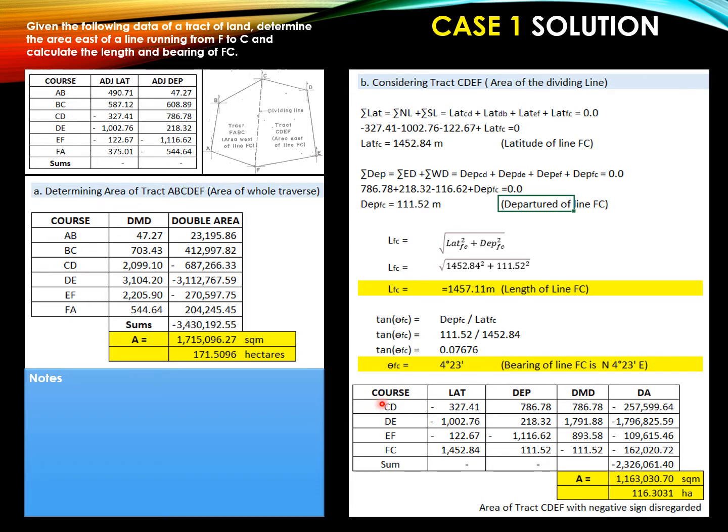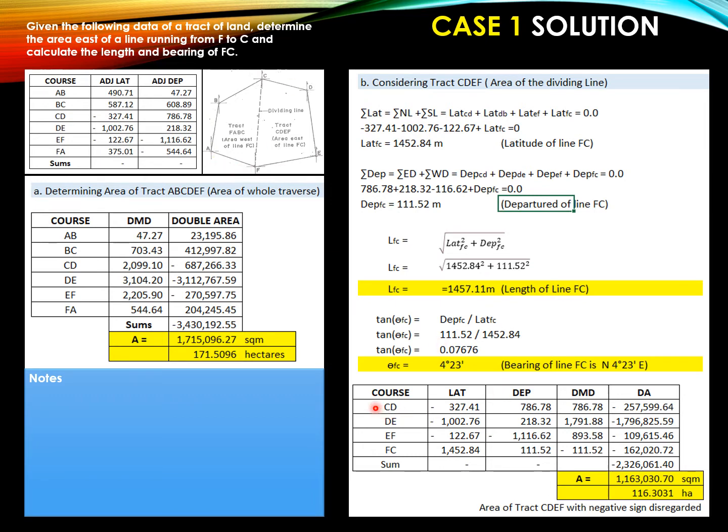So to compute the area east of line FC, we can now compute, since we have solved all the missing values of line FC.